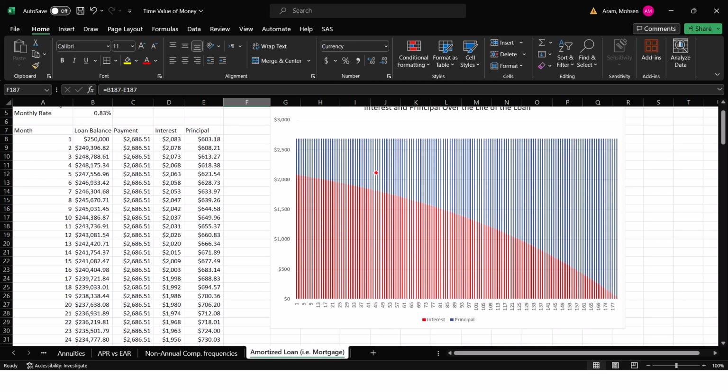But the proportion of that payment that goes towards principal and interest changes over the life of the loan. So earlier in the life of the loan, a big chunk of the payment goes towards interest, and a small part of it goes towards repayment of the loan, the principal. But as the loan ages, you see that the principal amount is going to be larger compared to the interest.